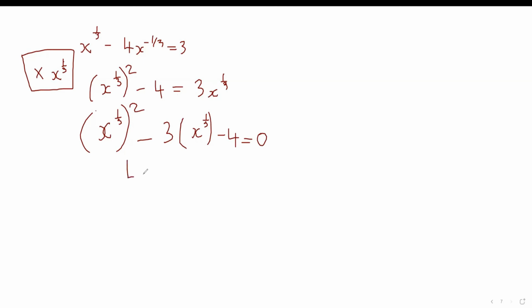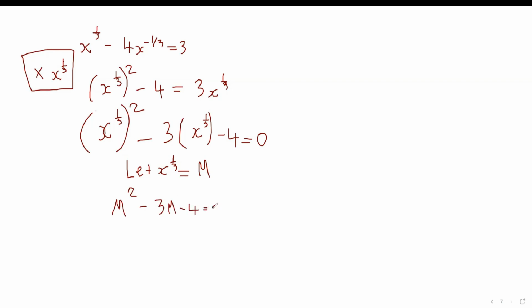Let x to the 1/3 be equal to y. I could have done it from the start. Let x to the 1/3 equal, I'm not going to use y, y is too common, let it equal m. So this would have just become m squared minus 3m minus 4 equals 0.